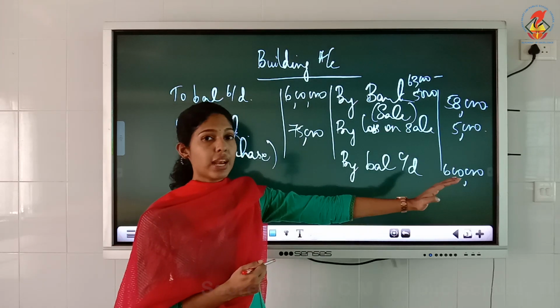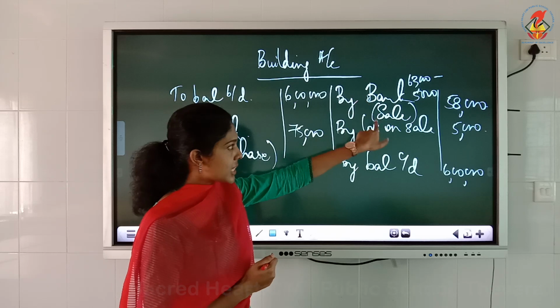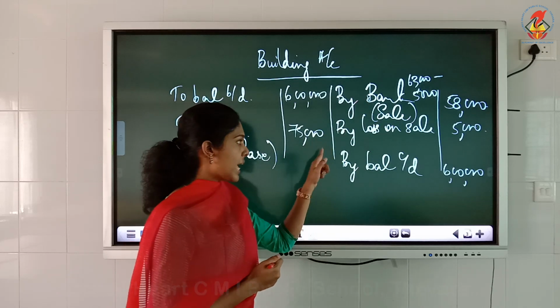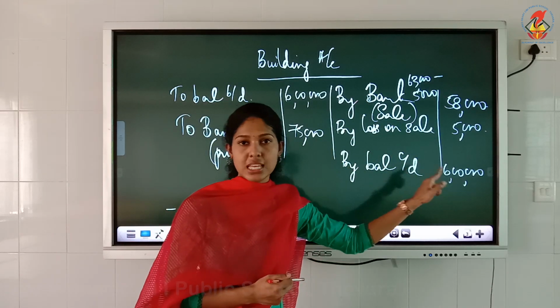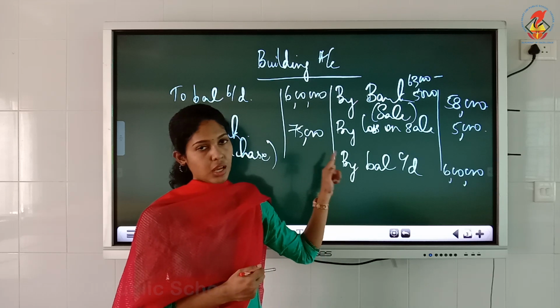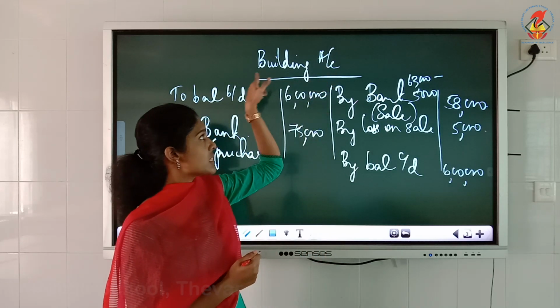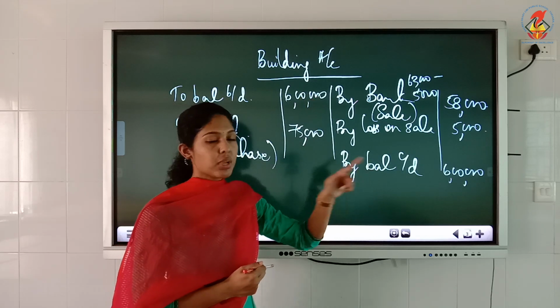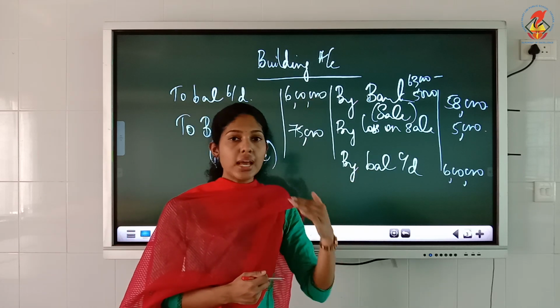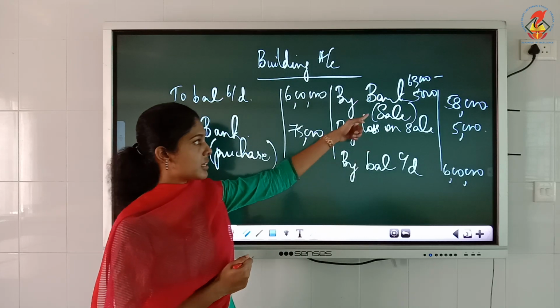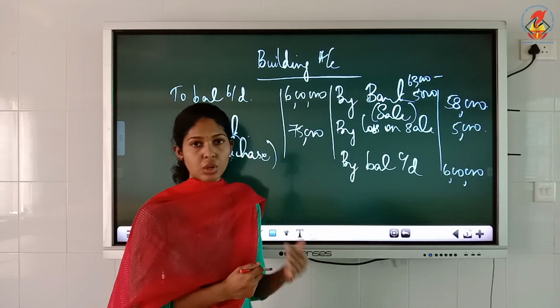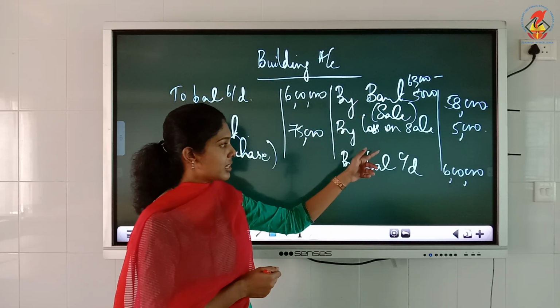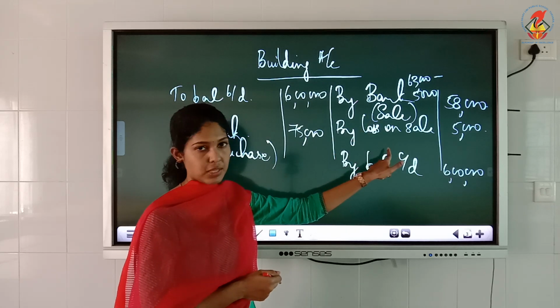And I told you when I explained the format, if sale value is given, you should assume the balancing figure as depreciation. Understood? But if the asset account is a land account, don't take it as depreciation, because we don't charge depreciation on land. You should consider it as sale value, or else you can consider it as either sale value or depreciation.